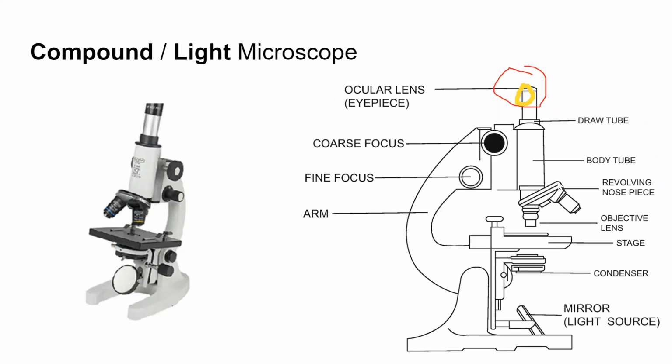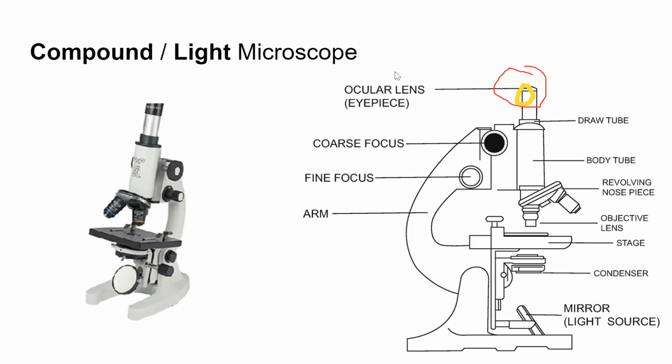Suppose I give you this microscope and I give you a glass slide which has some microorganisms on it. And I ask you, okay, put this under the microscope and see what is there on the slide. Where will you place your eye? Will you place it near the objective lens or will you place it near the ocular lens? Ocular.